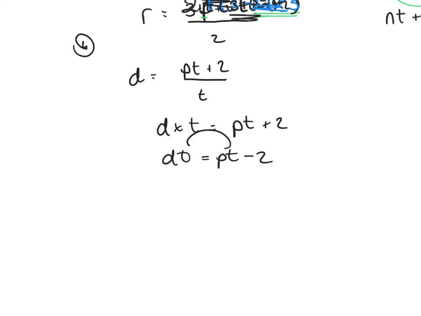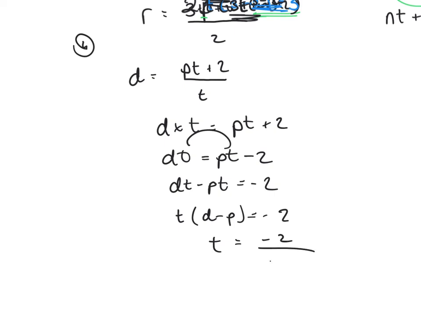So that'll be dt minus pt is equal to minus 2. Take out my common factor of t: t bracket d minus p equals minus 2. So I've got t multiplied by d minus p. I'll eliminate multiplied by d minus p by dividing by d minus p, and that is t equals minus 2 over d minus p, final answer.